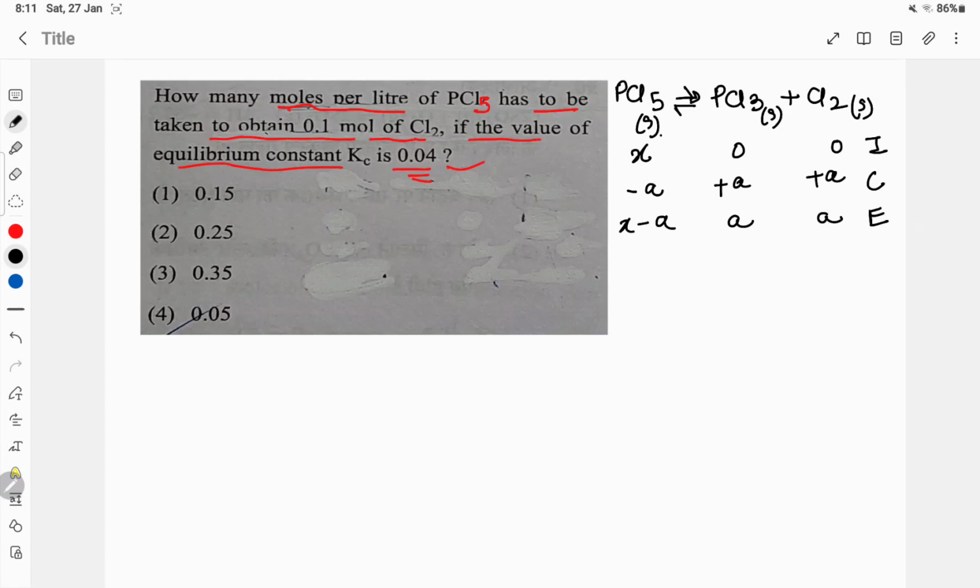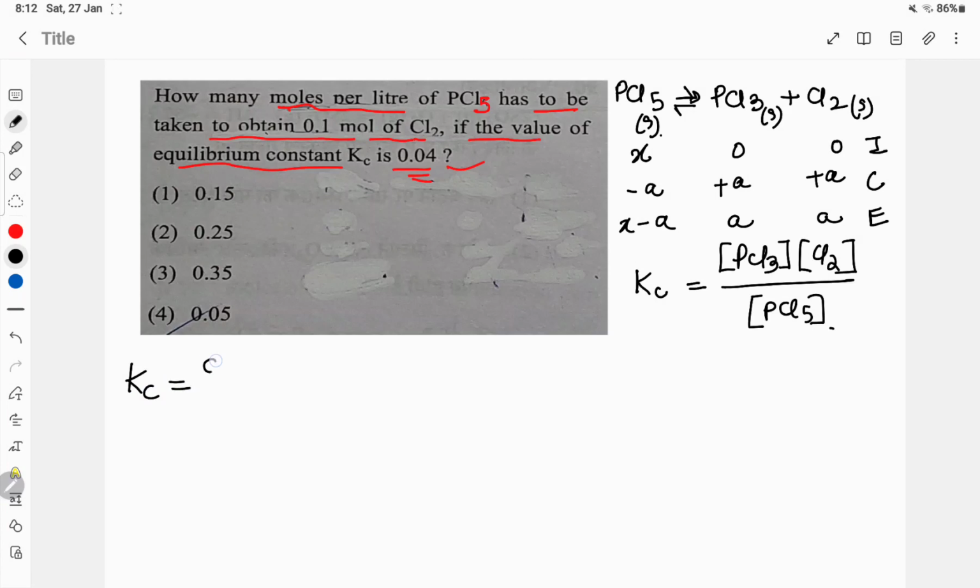Then let's apply Kc. Kc is equal to PCl3 times Cl2 divided by PCl5, which is A into A divided by X minus A. Kc value is 0.04, and A is given as 0.1, since 0.1 mole of chlorine is formed.